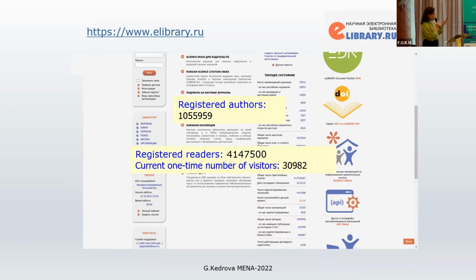Well, it's a snapshot of a current one-time number of visitors. It's a very popular, very highly used library in Russia, because the main treasure of the library is the Russian language publications. It's the biggest Russian language publications treasure in the world.